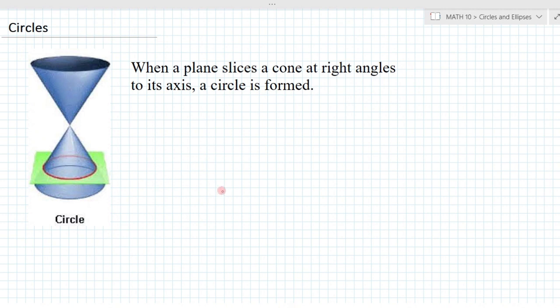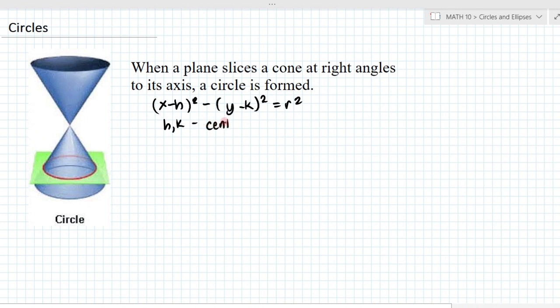The general formula for a circle is (x - h)² + (y - k)² = r², where h and k is the center and r is the radius of the circle.